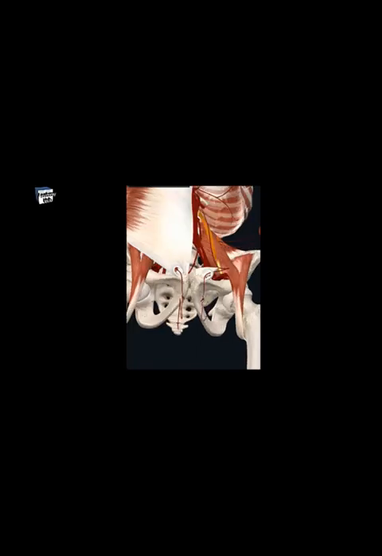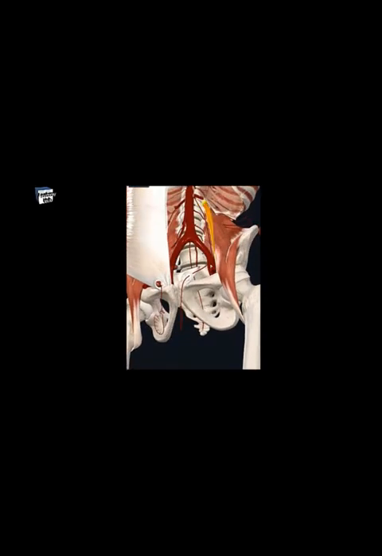The tendon receives nearly all of the fibers of the iliacus and is inserted into the lesser trochanter of the femur. A large bursa, which may communicate with the cavity of the hip joint, separates the tendon from the pubis and the capsule of the joint.